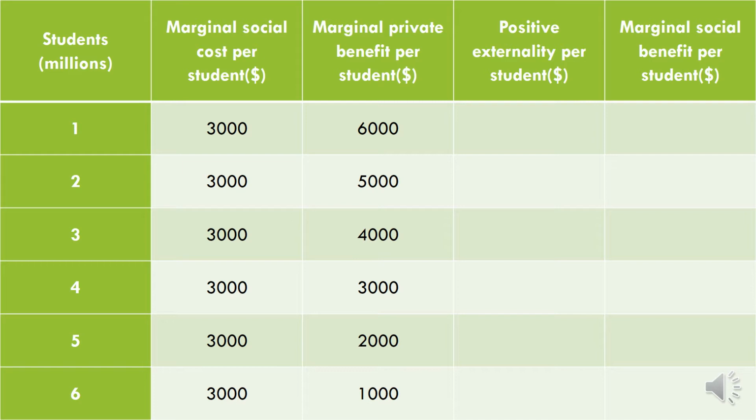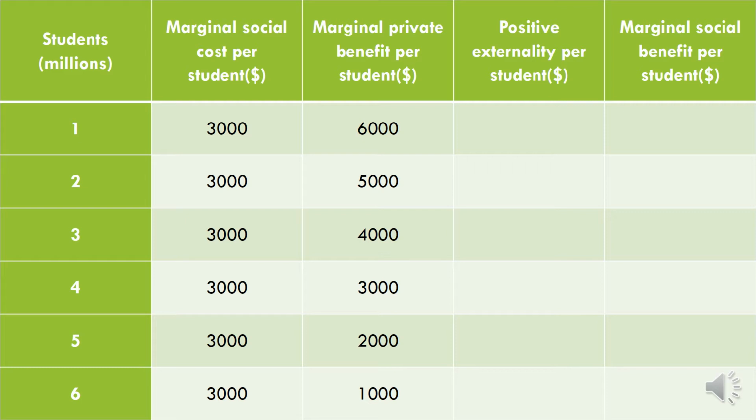Now, if we look at the marginal private benefit per student column, this is the benefit that will be derived by a student from that, a student alone, no one else. We can see for the first million students, we're assuming here, this is of course ridiculous, silly numbers, they would be getting $6,000 benefit per student.